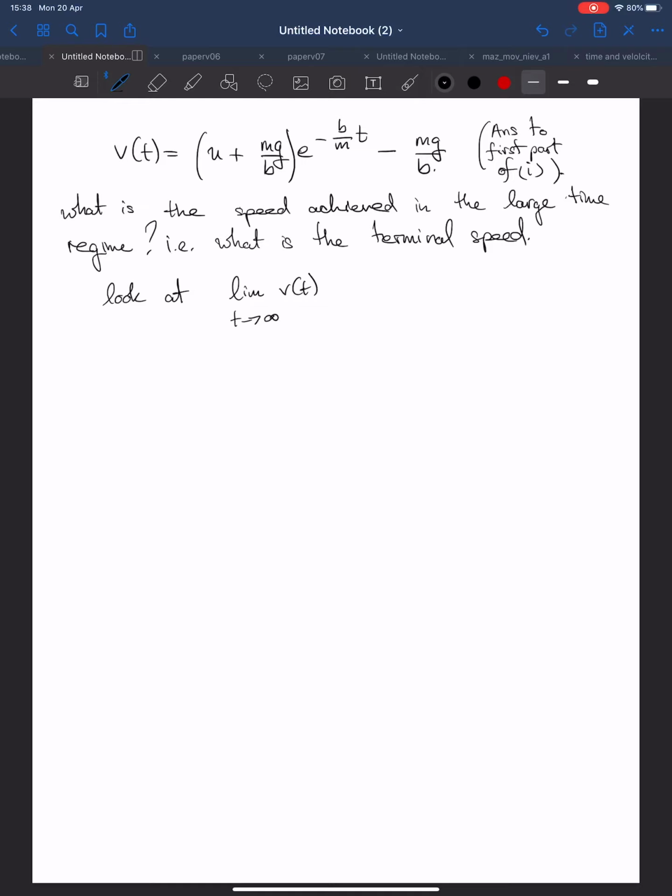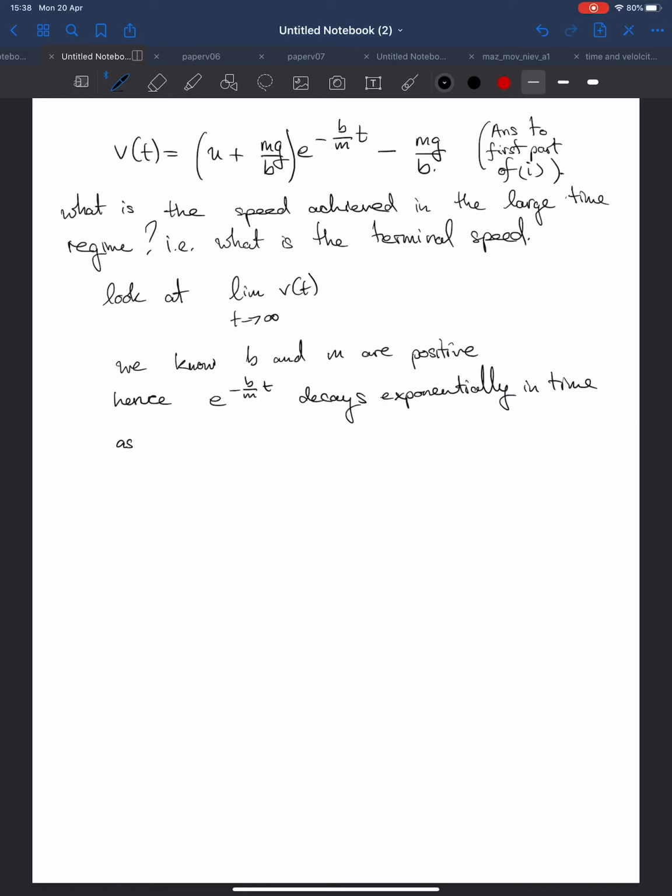Which is easy to do. So first of all, we know B and M are positive. Hence, this term decays exponentially in time, or as t goes to infinity.